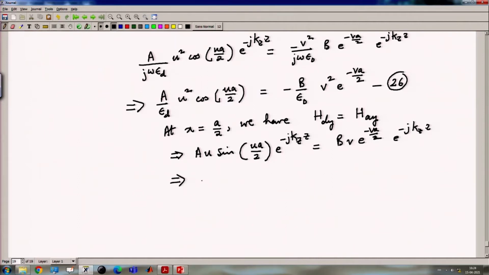That implies a u sin u a by 2 equal to b v e to the power minus v a by 2. Let us call this equation 27.